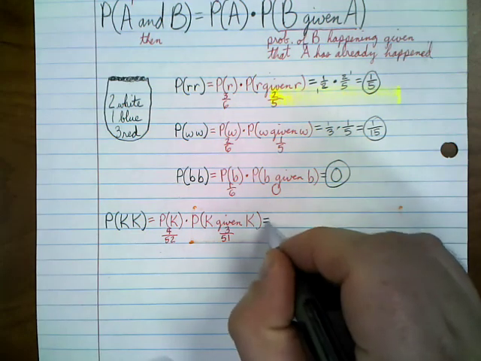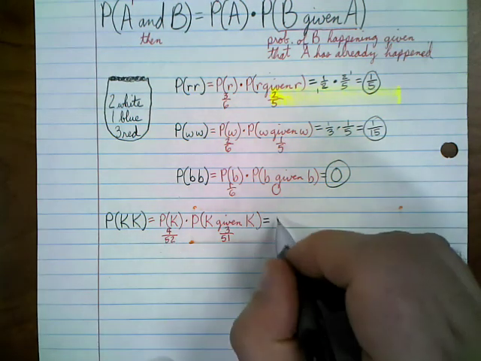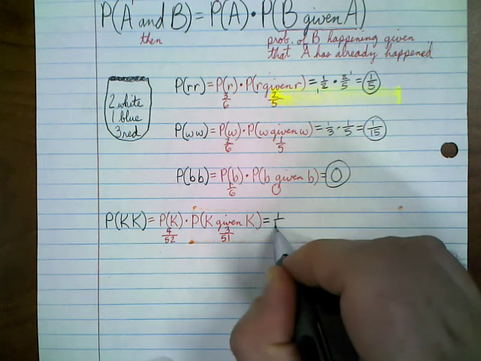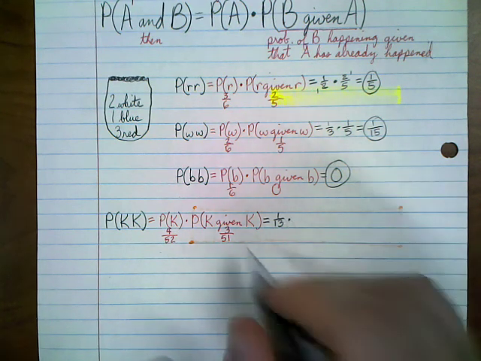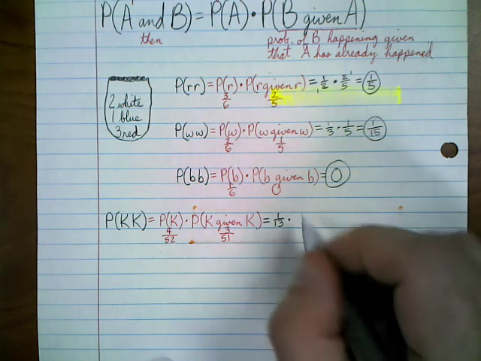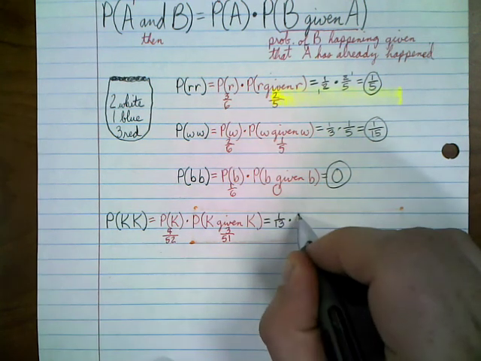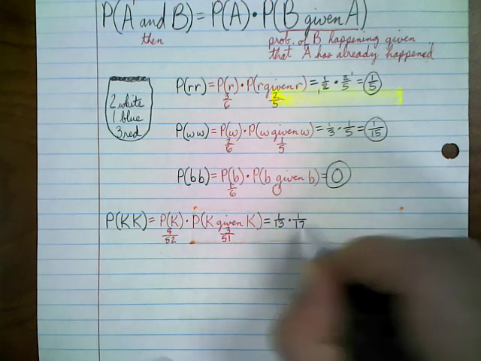So 4 over 52 really is 1/13 times, and then 3 over 51, if you know that, is actually 1/17.